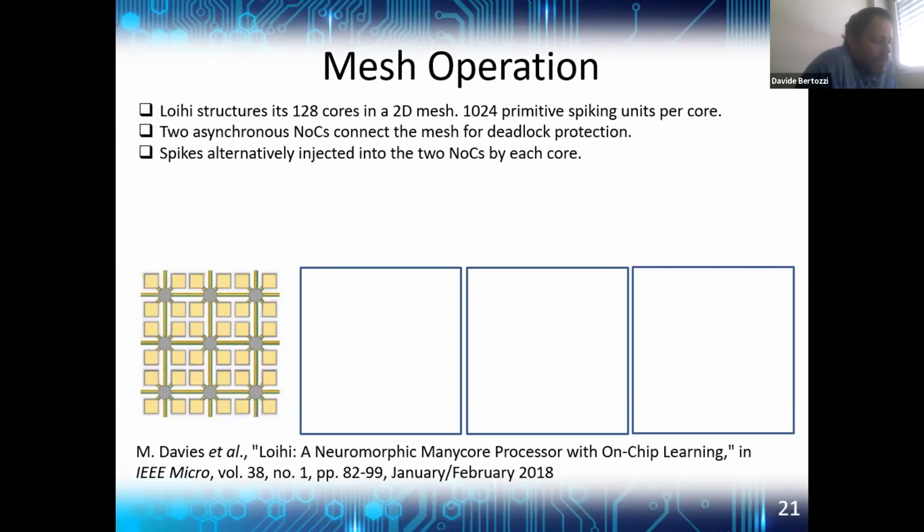Interestingly, Loihi implements 2 instances of an asynchronous network on chip. So it has 2 networks on chip, and they are used to solve protocol-dependent deadlock problems. A protocol-dependent deadlock is a problem that arises when in a system you have messages of different types.